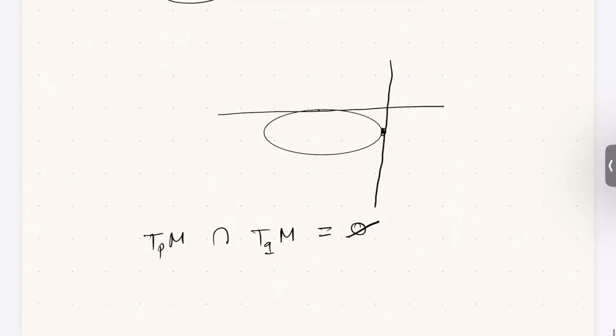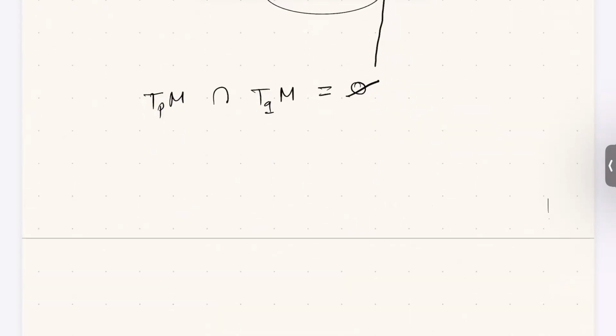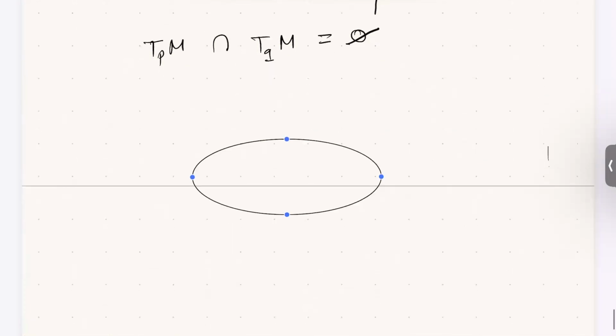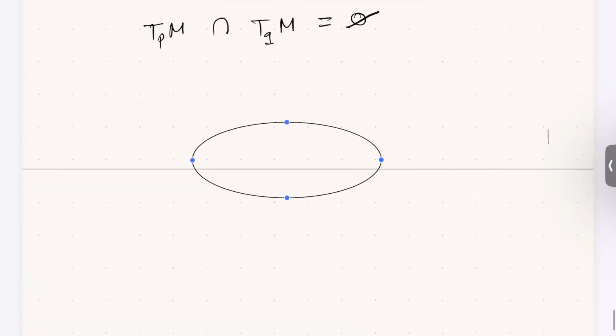It is difficult to draw the picture, but let's just put the tangent spaces like this.